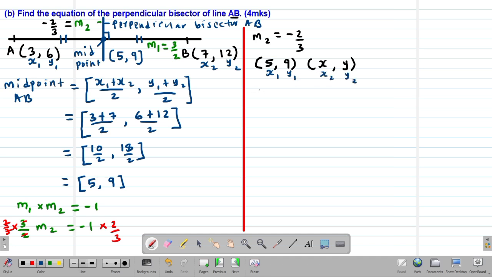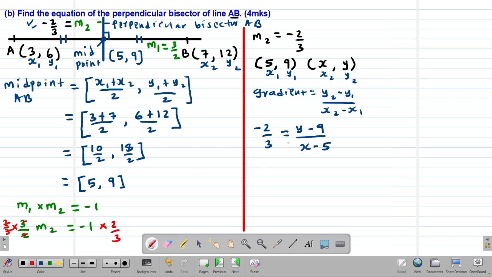Now we know that the gradient should be given by y2 minus y1, divided by x2 minus x1, or simply put, change in y over change in x. So the gradient of this perpendicular bisector is -2 over 3. So I'll have -2 over 3 being equal to the change in y. Y2 is y minus y1 is +9, divided by x2 is x minus x1 is +5.